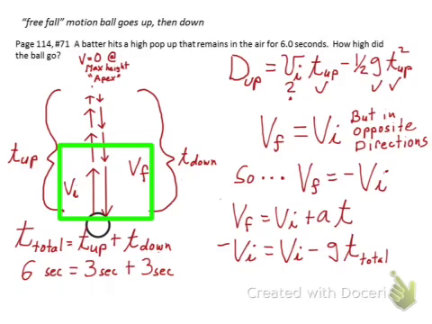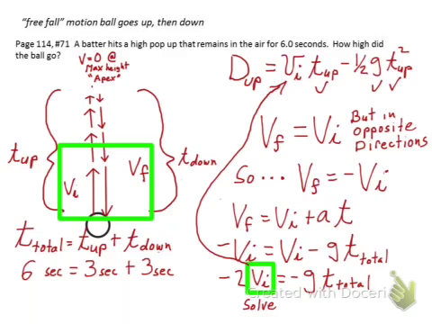V final is equal to v initial plus acceleration times time, and substitute in. V final is just the negative of v initial, and acceleration is just negative g. We do a little algebra, solve for v initial, plug it back into my distance up equation, and then I can solve.